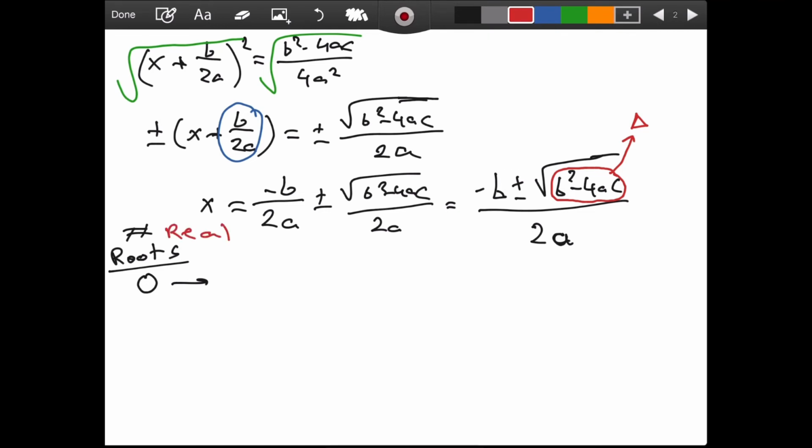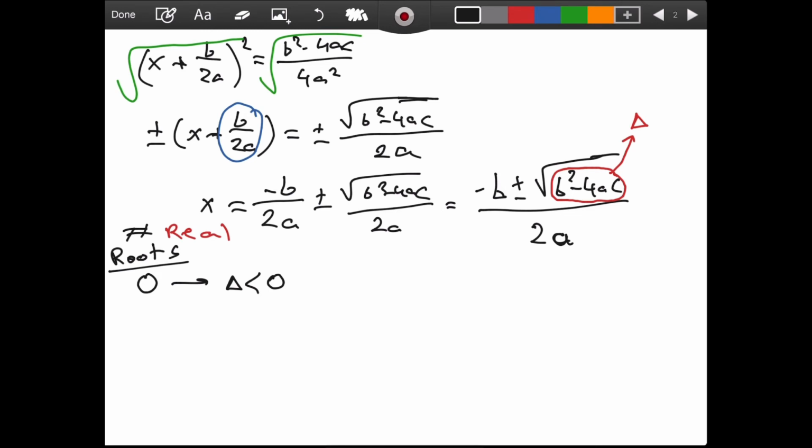We are working with real numbers. If we have 0 real roots, this means that delta is less than 0. Because if the inside of the square root is a negative number, well then we are not dealing with real numbers anymore, because in real numbers, inside of the square root cannot be negative.